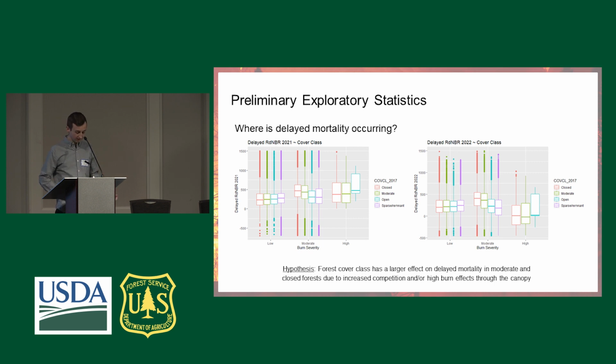If we look at 2022, we also see higher RD-MBR values in the moderate burn severity in the middle, for those colors in red and yellow. I think this might be due to increased competition for resources within these closed canopies. If trees are close together, they might be injured by fire, and there are not enough resources to let them all survive, and only a few do. Or it could be a factor of just high burn severity through the canopies there.